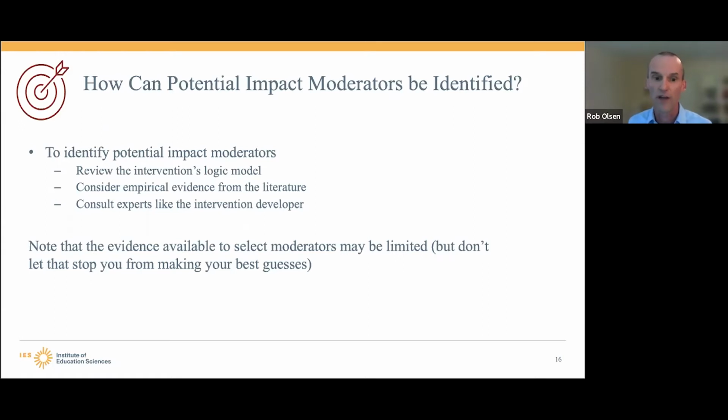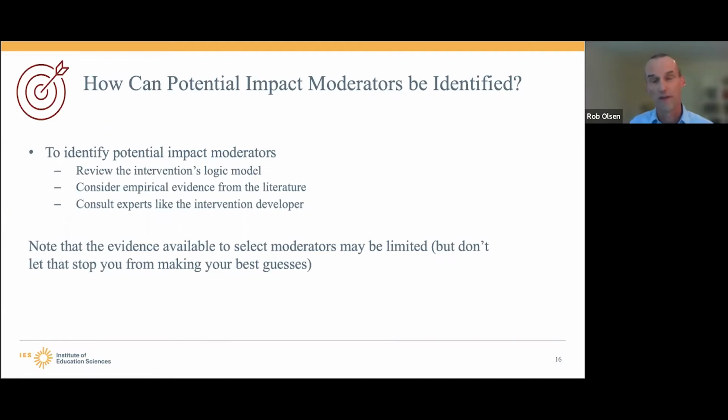Second, when available, consider empirical evidence from the literature. If this is not the first evaluation of this intervention, you may be able to examine subgroup analyses from prior studies. For example, if a previous study found differences in impacts between African American and white students, this suggests that a student's race and the racial composition of students in the school may moderate the impact of the intervention.